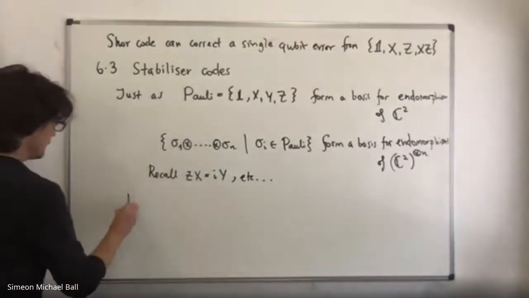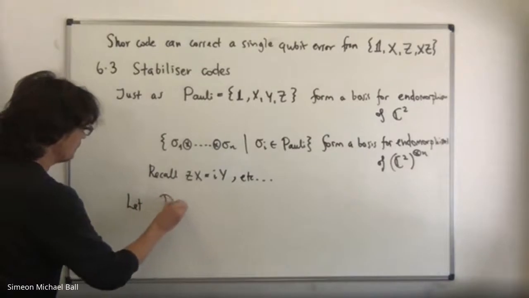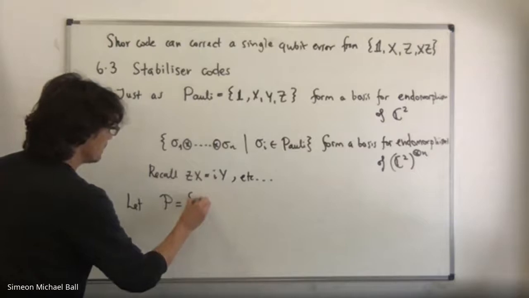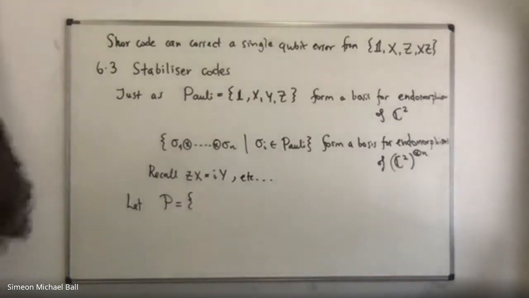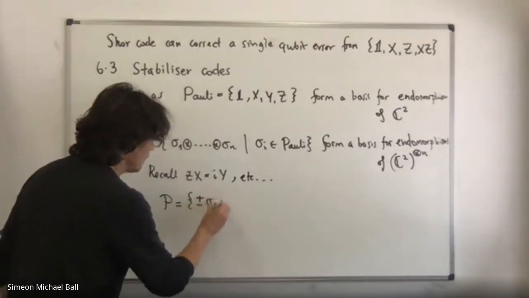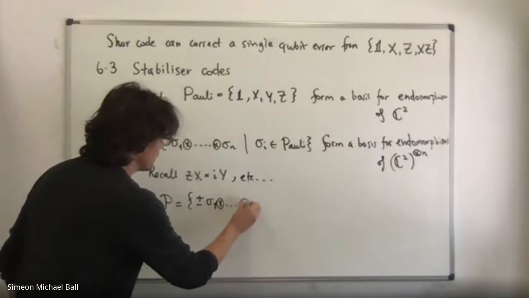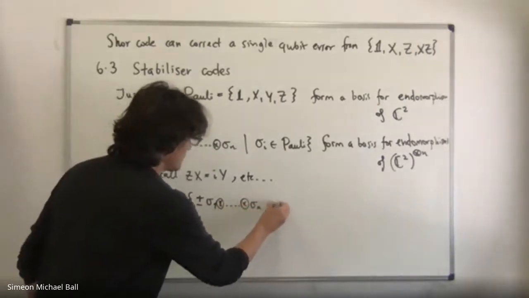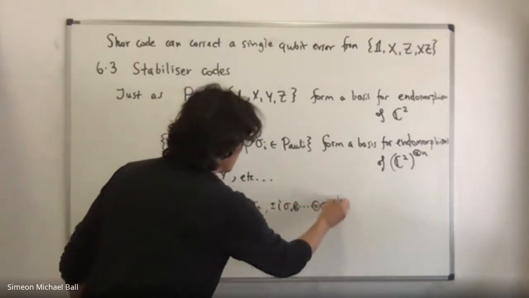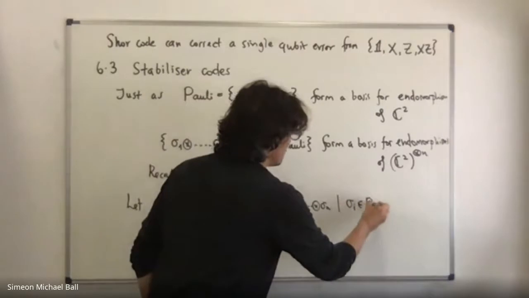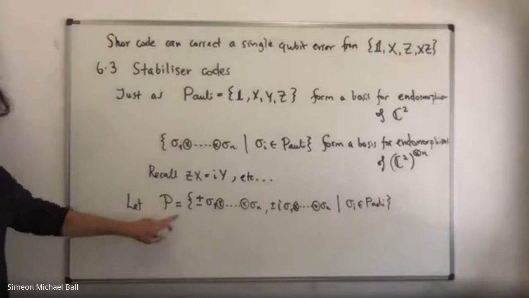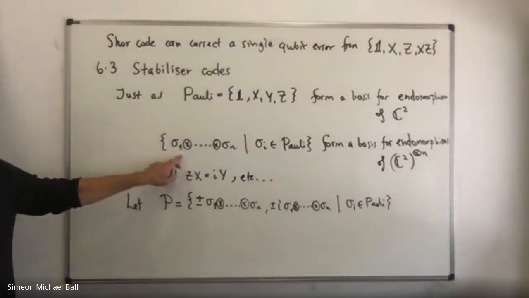So we let P squiggle be plus or minus sigma 1 tensor ... sigma n, plus or minus i sigma 1 tensor ... So we define P to be this set.